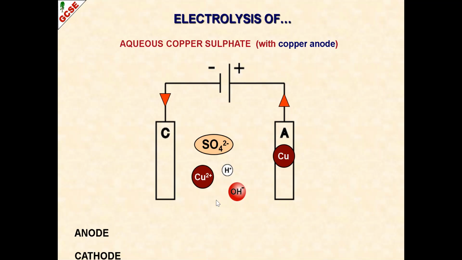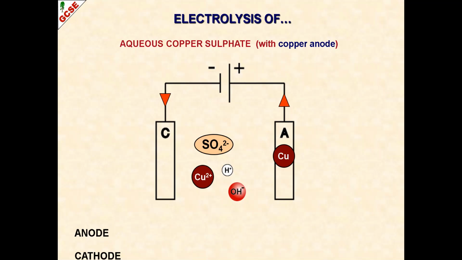The negative ions, sulfate ions and hydroxide ions, were attracted towards the anode, so copper lost 2 electrons so that those electrons could be given to the negative ions. It lost those electrons and formed copper ions.